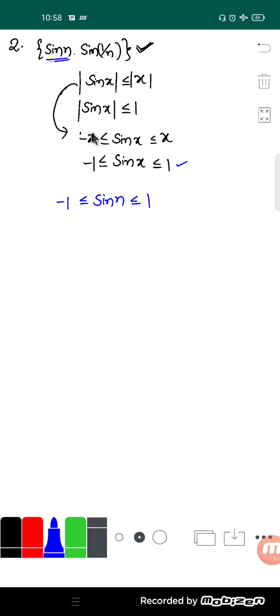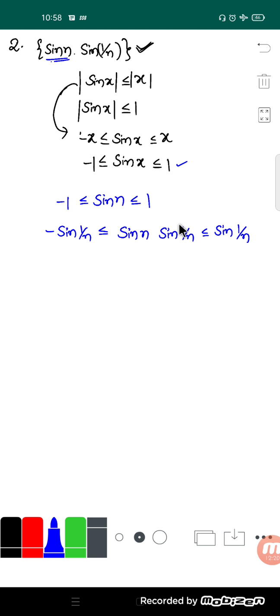When sine 1 by n, as n tends to infinity, n is always positive, so for these values sine is always positive. So we can directly multiply here. If the sign were negative, the inequality signs would change to the reverse direction. Sine n into sine 1 by n is less than or equal to sine 1 by n.